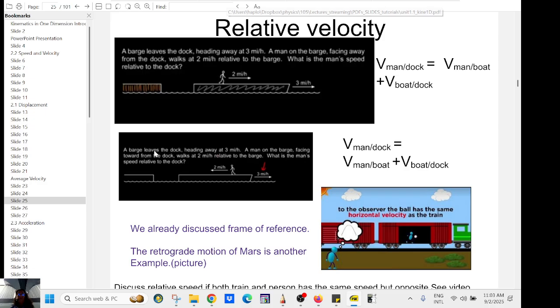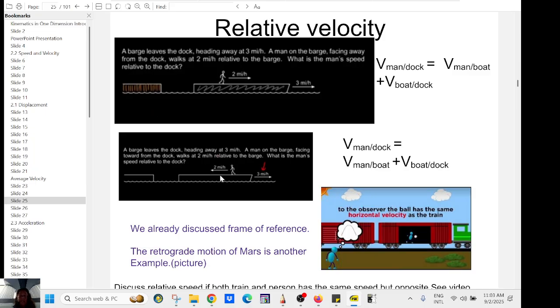Another one that is intuitive: relative to the dog, what's going to be the relative velocity? So this guy is moving at 2 relative to this boat, and the barge is moving at 3. So relative to the ground, it's going to be 5.